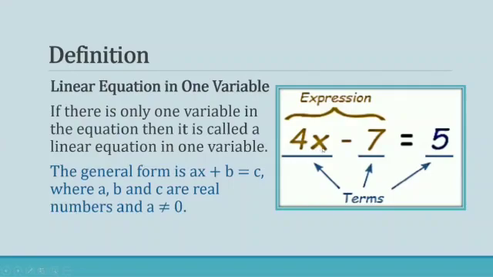So the equation is linear, and it is linear equation in one variable because there is only one variable x over here. So such equation is called linear equation in one variable, which is having only one variable and the highest power of the variable is 1.